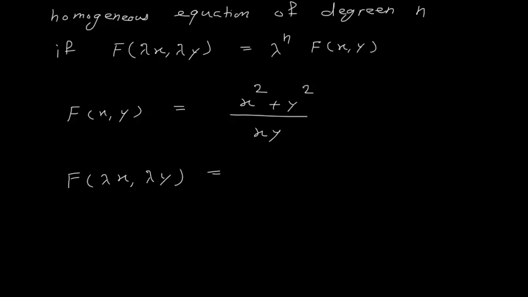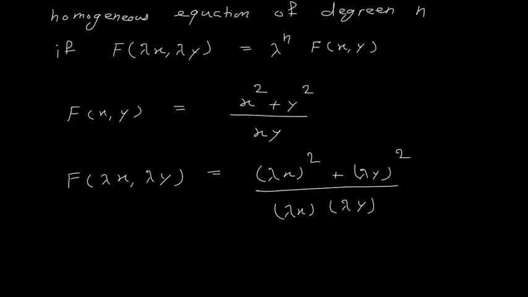We will replace all x with lambda x, so this becomes (lambda x) the whole square, and we replace all y with lambda y, so this will be plus (lambda y) the whole square, divided by lambda x into lambda y.